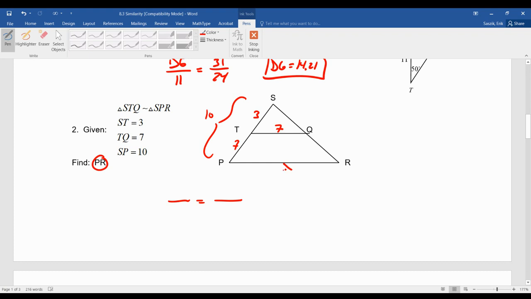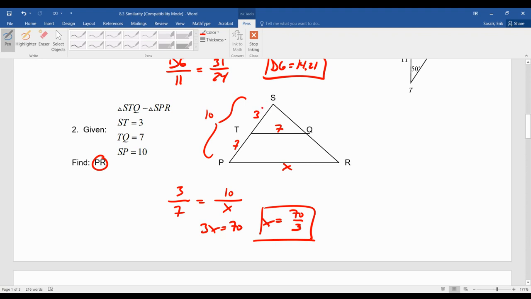Okay, I'm going to call that X. I'm going to do the side is to the base. 3 is to 7 as the side is to the base, that would be 10 is to X. So you'd have 3X equals 70. So X equals 70 over 3.